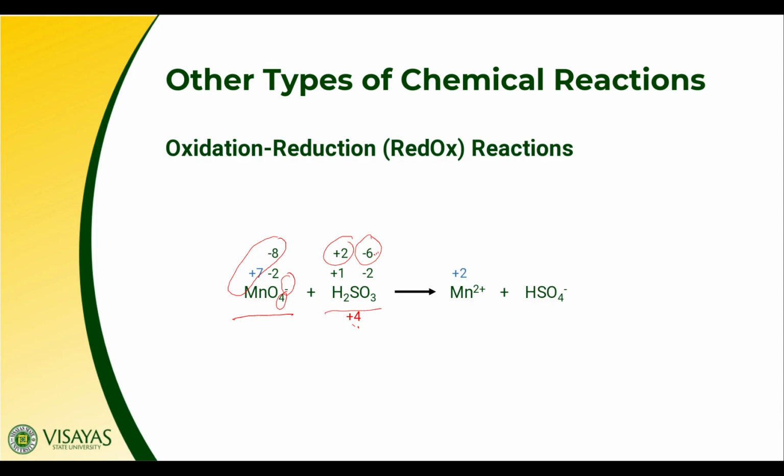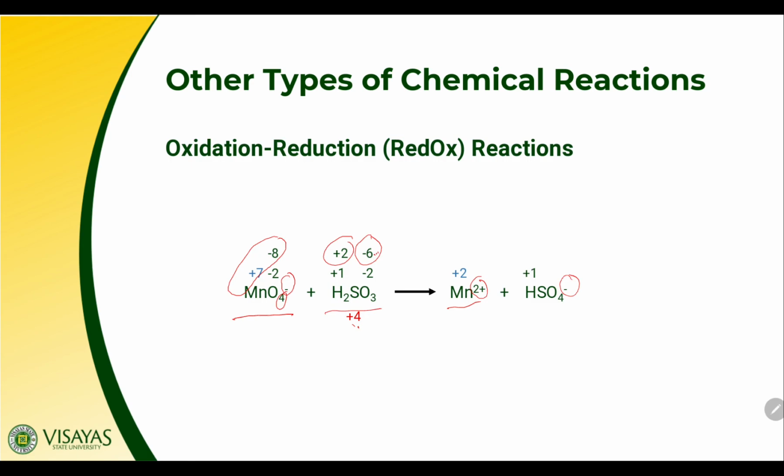On the right side of the equation, we have our manganese ion. Since this is a monoatomic ion, meaning we only have one atom in the ion, its oxidation number is equal to its charge. Since its charge is positive 2, of course, its oxidation number is also positive 2. For the bisulfate ion, this is a polyatomic ion, so the total of the oxidation numbers of all the atoms in here should be equal to the charge, which is negative 1.